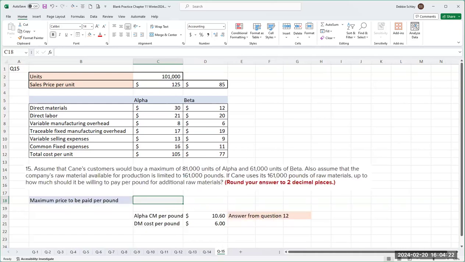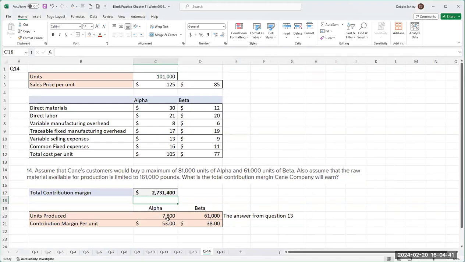Now, in question 15, it's the same information, but now they're saying if Kane uses the 161,000 pounds of raw materials, up to how much should it be willing to pay per pound for additional raw materials? So remember from this, we didn't finish making all of alpha.